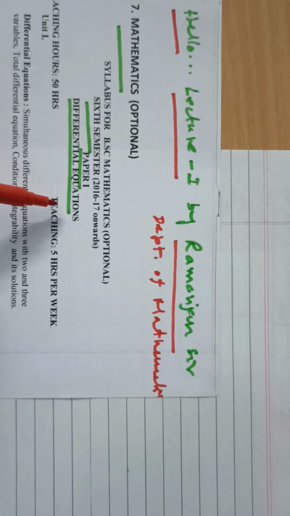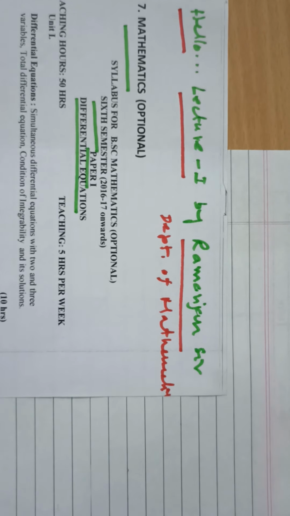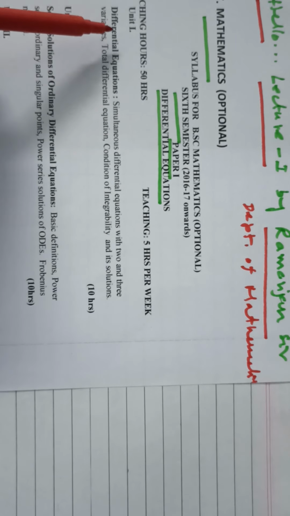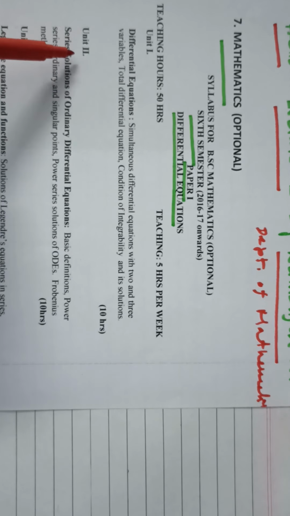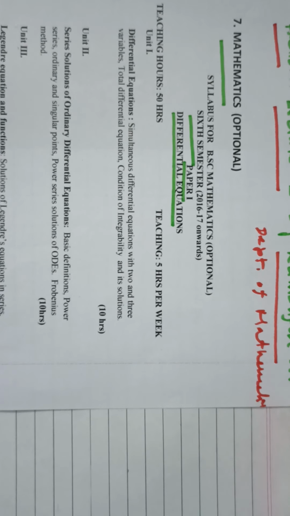In this paper 1 differential equations, we have 5 units: unit 1, unit 2, unit 3, unit 4 and unit 5.